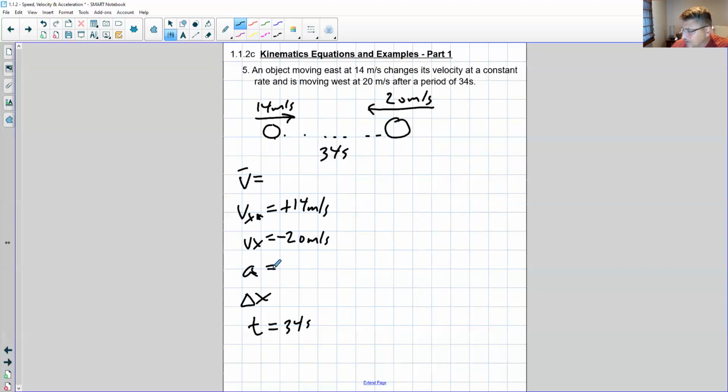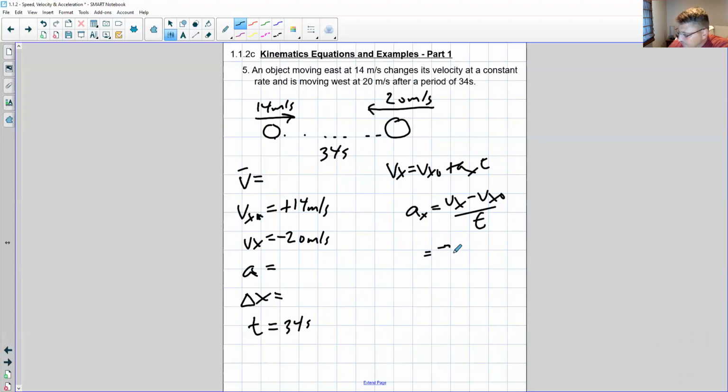So our best bet here is probably to find the acceleration. This is probably what's going to help us out the most. So Vx equals Vx naught plus axt. ax equals Vx minus Vx naught over t.